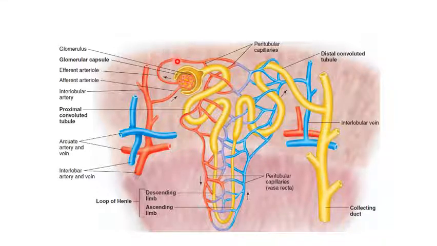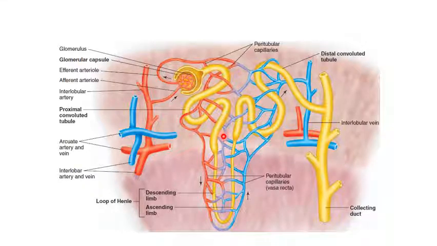So these efferent arterioles divide again and give a second network of capillaries, the peritubular capillaries. These capillaries surround the renal tubules. Then from these capillaries, blood is drained into the interlobular vein, and then from the interlobular vein it goes into the arcuate vein.